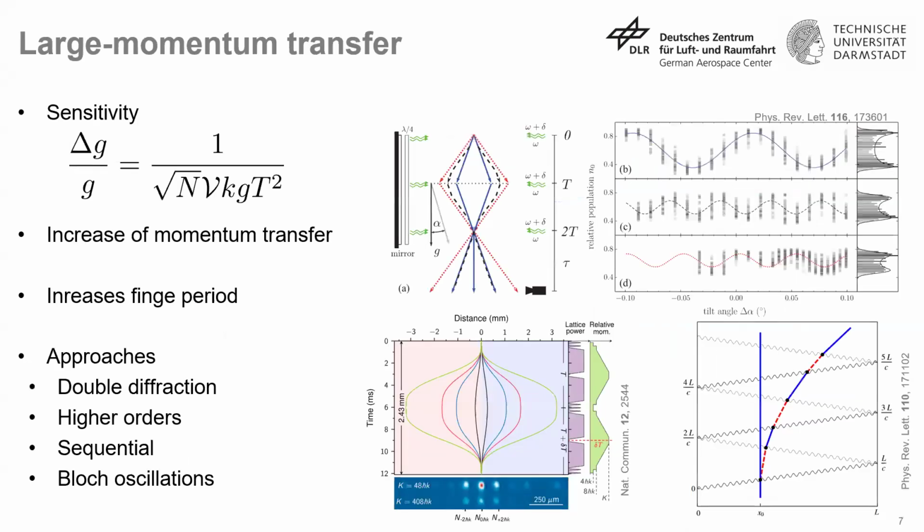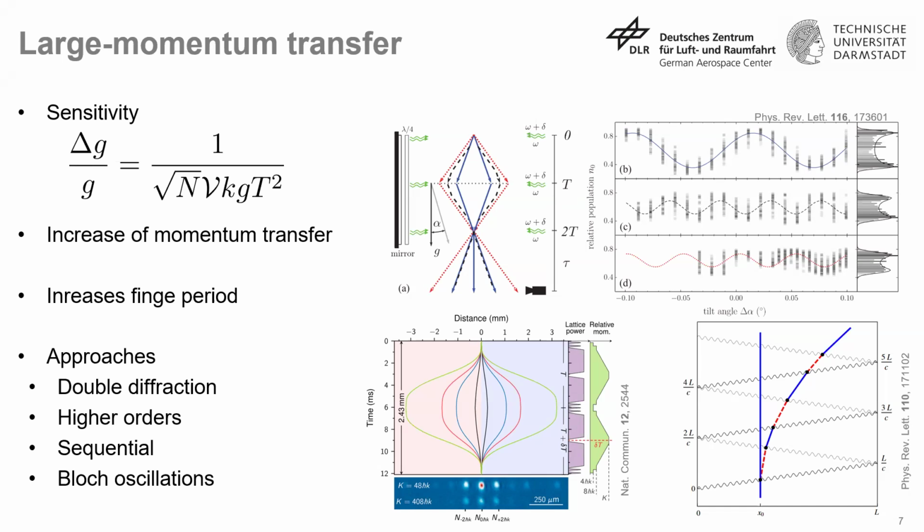And finally, we talked about the sensitivity. This is the sensitivity I already showed to you, this is just increasing the momentum. So there are a lot of works that say, okay, we want to increase the momentum. Yesterday I saw a poster where people said, okay, we can go to 600 h-bar k. You always have to be a little careful if that's throughout the interferometer or something like that. But let's say hundreds of momentum transfer can be done.